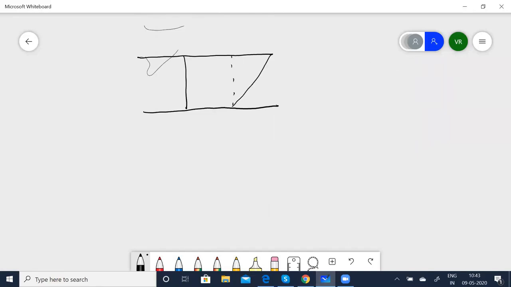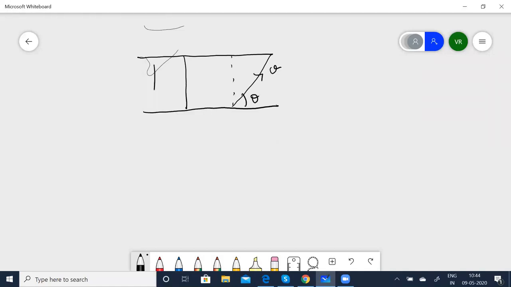Let me draw the diagram. So, truck is here. Let us say this is going to move with this. Let this be the velocity V here, and let this angle be theta.